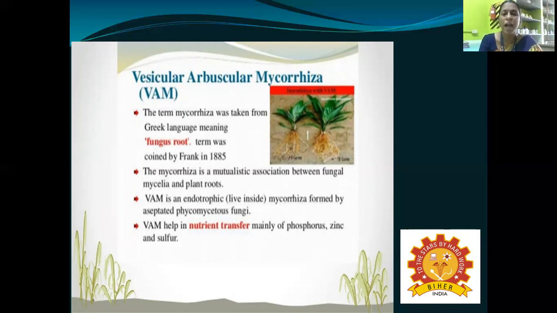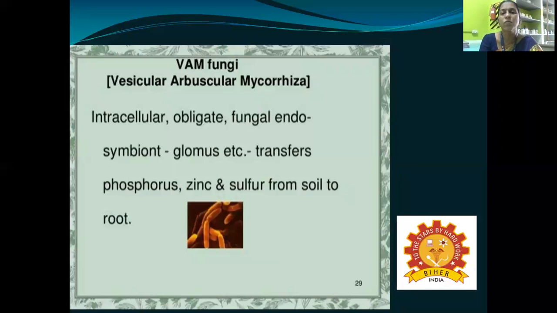And then VAM is called endotrophic. Endotrophic means it is living inside the root of the plant. The VAM is very helpful in nutrient transfer, mainly phosphorus, sulfur, and zinc.